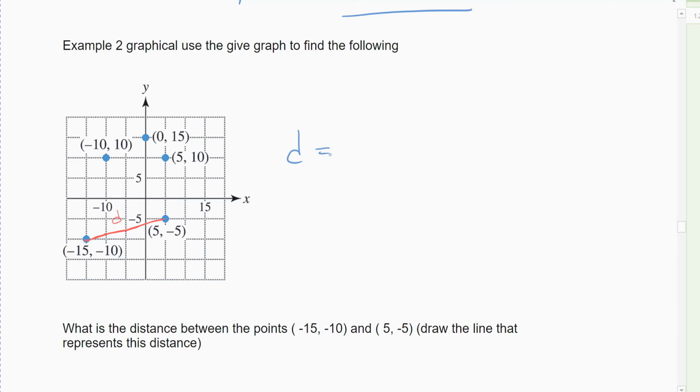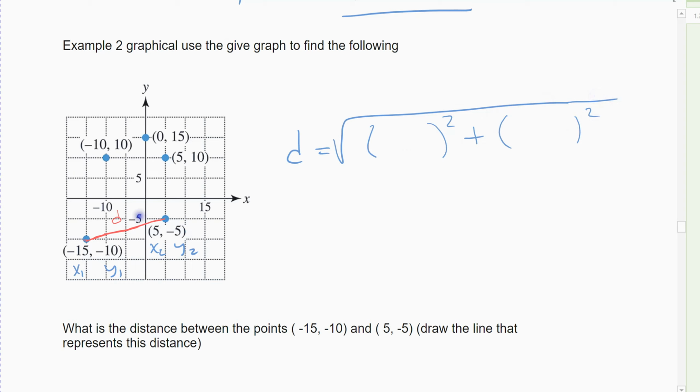Alright, so I'm looking for that distance. So distance in this case, again, it's just up to you. As long as you're consistent with your subtracting, you can label it however you want. I'm going to let these be my 1s and these be my 2s. So this is x1, y1, x2, y2, and so writing out my distance formula. It's the difference in my x value squared plus the difference in my y value squared, again, as long as you're consistent.